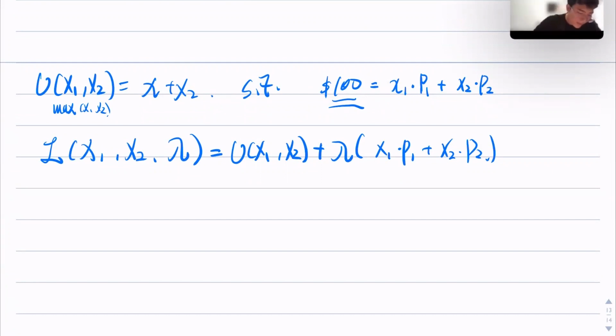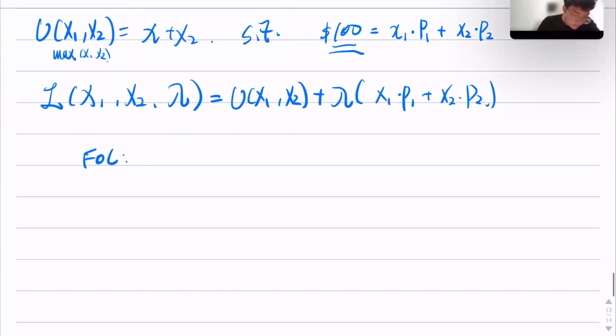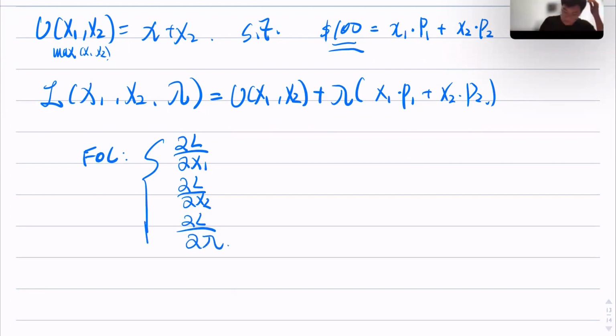we have to consider our first order conditions, which is the Lagrange function with respect to x1, with respect to x2, and with respect to the Lagrange multiplier lambda.